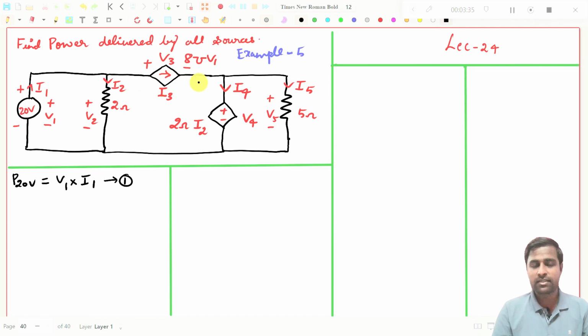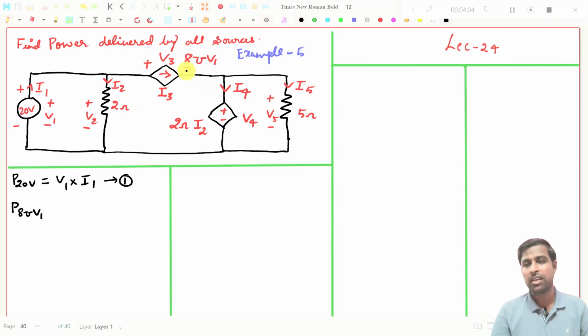See, what is this source? This is actually a current source, right? This is actually a current source that depends on some other voltage. That depends on V1 voltage. See, this is V1, right? So I will write this as P 8 mho V1, which is nothing but, you see here it is given like this.